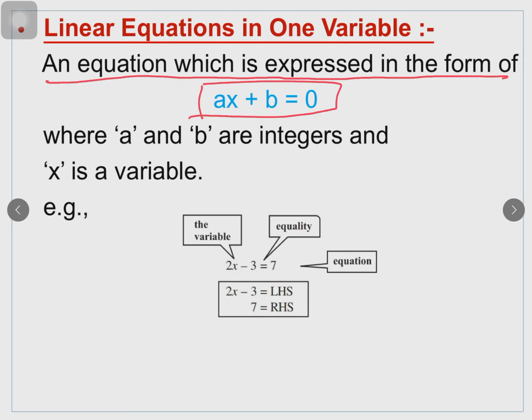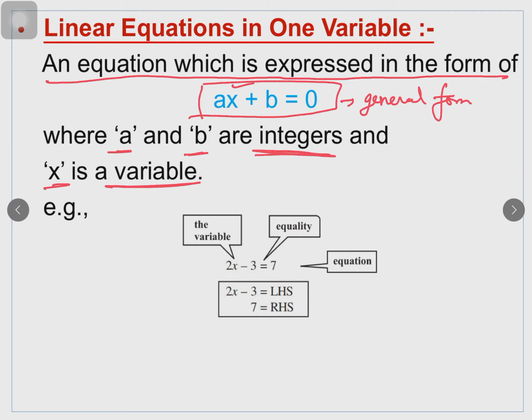This is the common, or you can say general, form of a linear equation in one variable, which is ax plus b equals 0, where a and b are integers and x is a variable. I'm sure you already know what a variable is. A variable is a number whose value is not fixed. The value of x here can be any number in different situations.